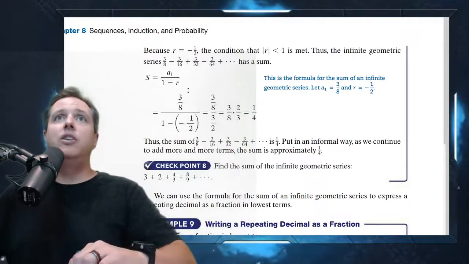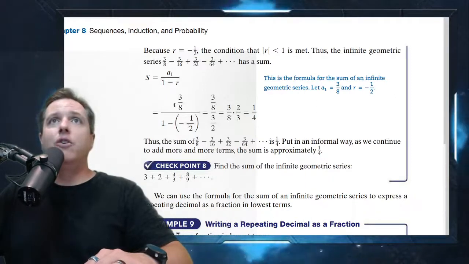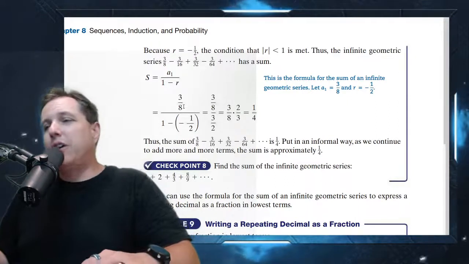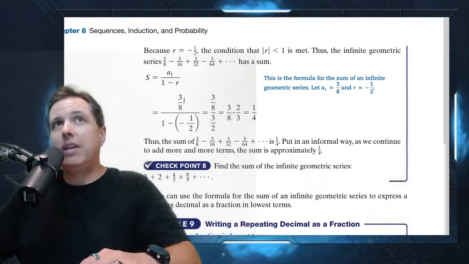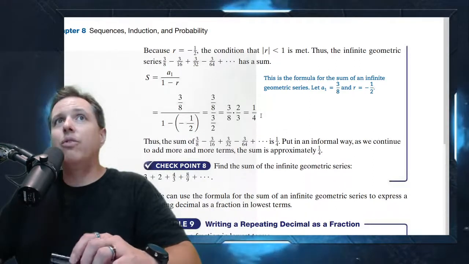So then you stick your r value in here. Remember, the bottom is 1 minus r. So 1 minus r. And our first term was 3/8, so you put that on top. So look at this. Sure, it's a complex fraction, but this is not a complicated thing to simplify. It's pretty straightforward. You get 1/4.